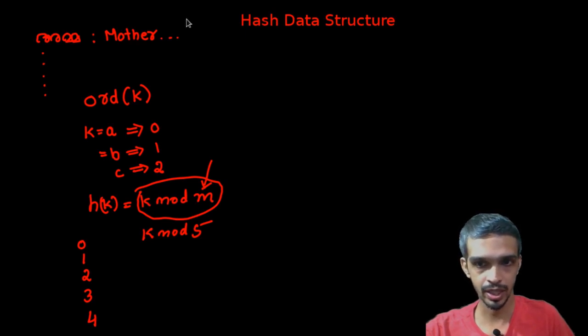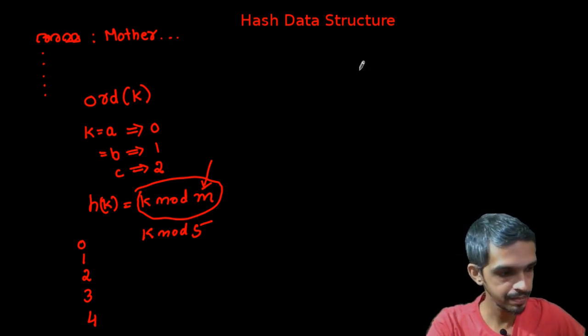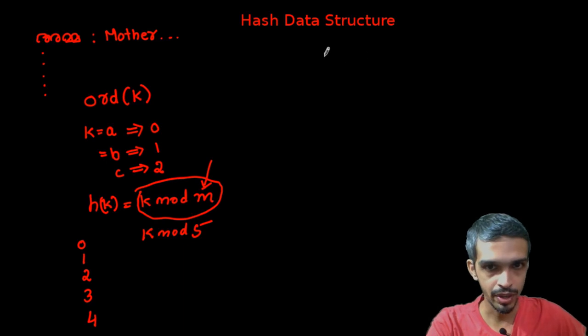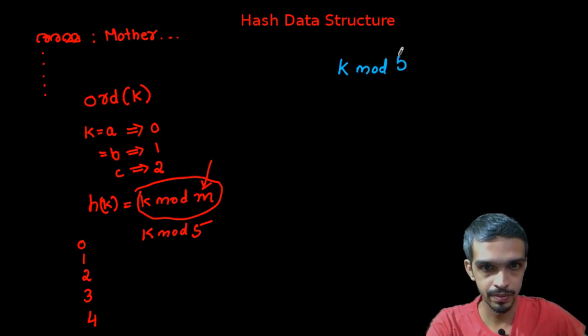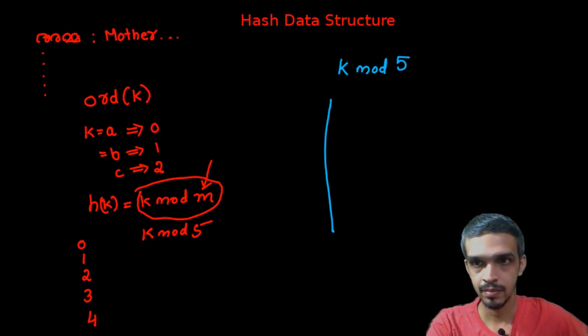So this will make clear the working of a hash function. The function we will be using is k modulo 5. So this is our hash table.